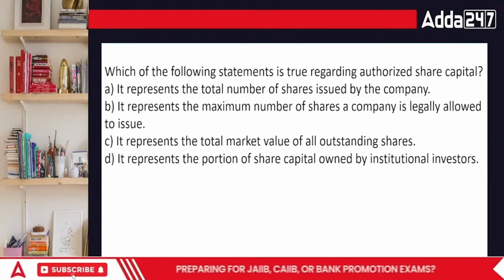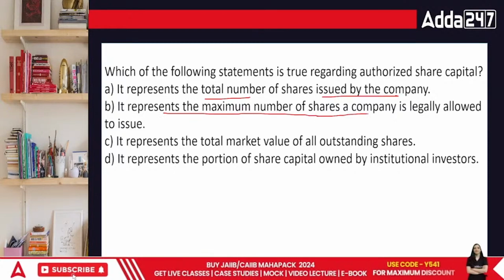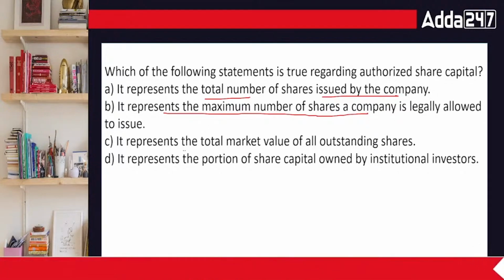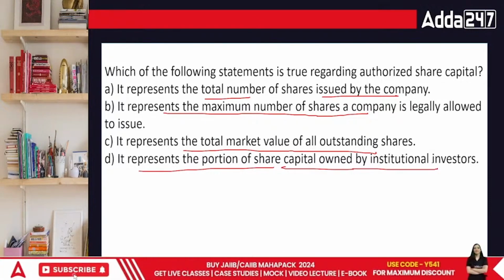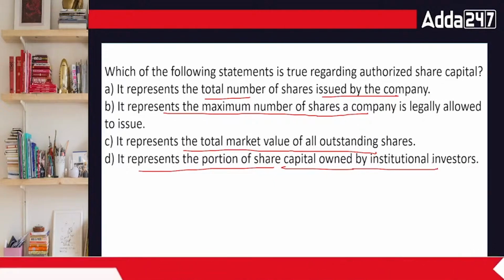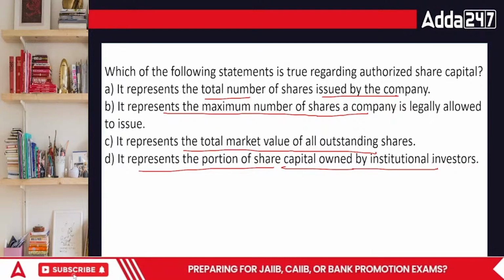It represents the total number of shares issued by the company. It represents the maximum number of shares it is legally allowed to issue, or it represents the total market value of all outstanding shares. It represents a portion of share capital owned by the investors. Then what's going to be the answer?